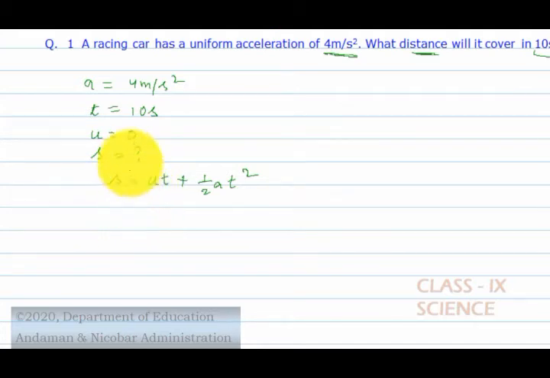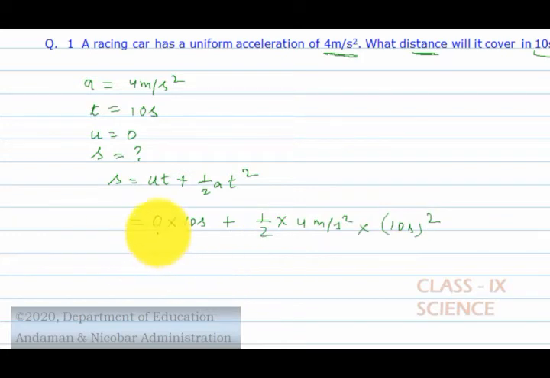So substitute the values in the equation, then by solving this we will get, as we know that initial velocity is 0, so 0 into time, which is 10 seconds, plus half at square. Here a is 4 meter per second square multiplied by time, here 10 seconds, so the square of this we have to write. Since the initial velocity is 0, the whole term becomes 0, so we can write 0 plus half, here 4 into 4, the square of 10 is 100.